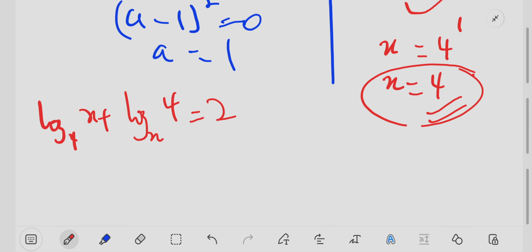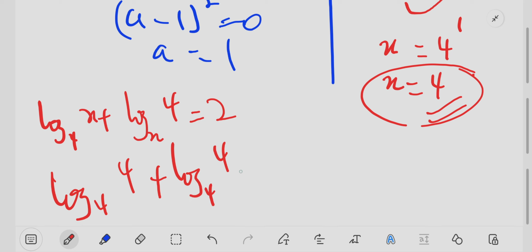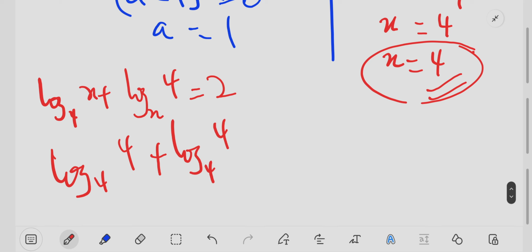If you replace x with 4, you're going to have log to the base 4 of 4 plus log to the base 4 of 4. So let's see whether this gives us 2. Log to the base 4 of 4 is 1. This is also 1. 1 plus 1 is going to give us 2. So yes, this satisfies the equation, right? So it means x equals 4 is your final answer.